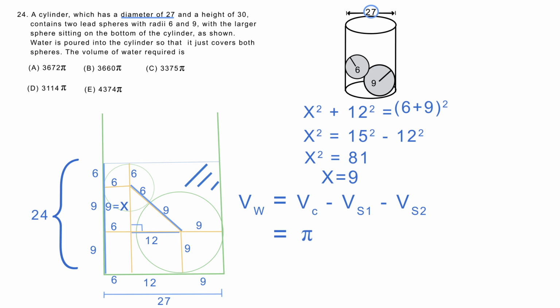So the volume of the cylinder is pi r squared times height. The volume of a sphere, just in case you don't know the formula, is 4 over 3 pi r cubed. So Vs1 would basically be equal to 4 over 3 pi r1 cubed, and the volume of sphere 2 is 4 over 3 pi r2 cubed, like that.